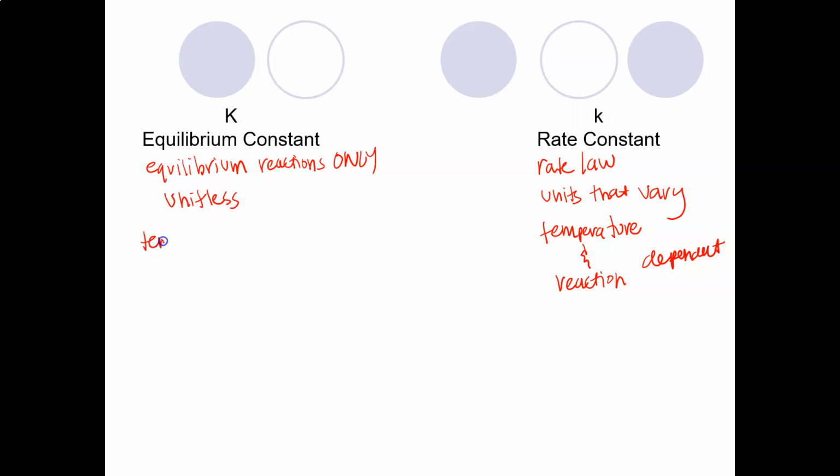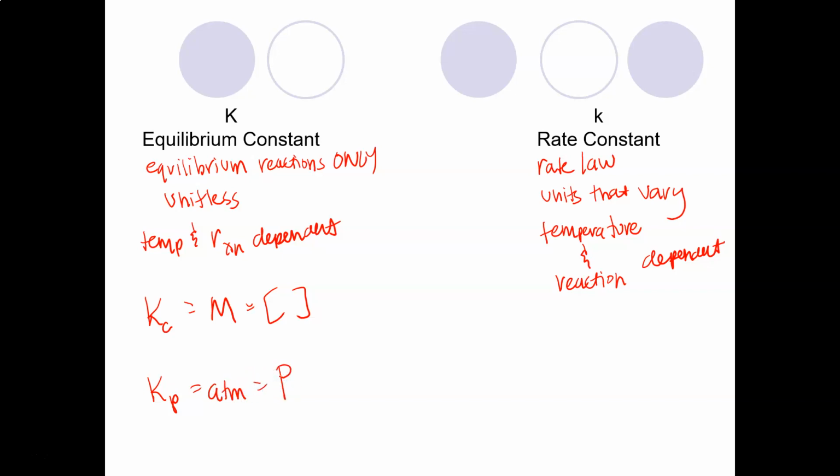It is temperature and reaction dependent, but even more specifically, we have two types. Kc, which is using molarity in brackets, and Kp, which means we have atmospheres, and we're using the capital letter P. And it's going to follow the format products over reactants. We're going to need a lot of chances to practice this.